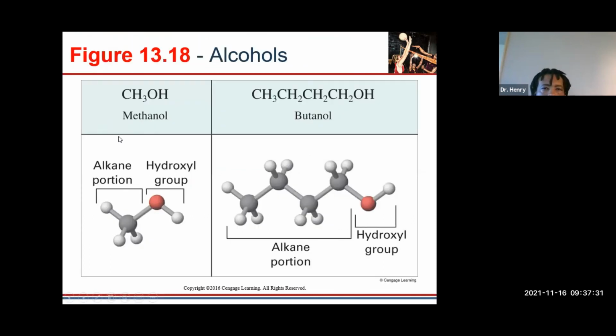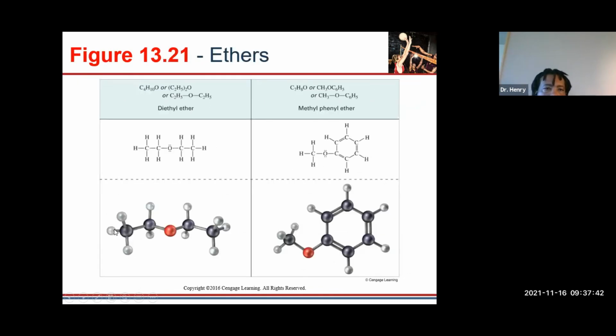This is just showing you some of the alcohols. Again, the alkane portion, and then the hydroxyl group. This here is just showing you an ether, and then the common name for that. Are you guys okay? You get that so far?